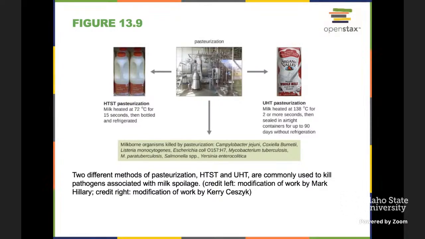Microbes are still present. That sets the stage for some of those issues. Not to mention the fact that you're opening and pouring it on your cereal and whatever, the potential for organisms to get in there just through that process is also there. That's why you ought to put your milk back in the fridge after you ate your cereal.